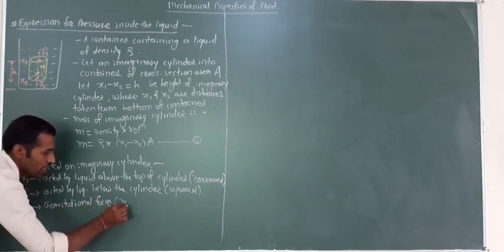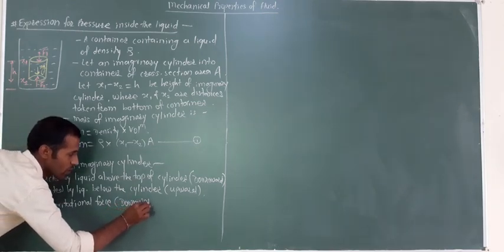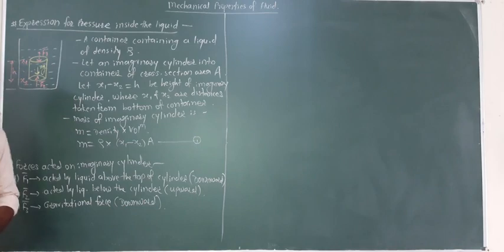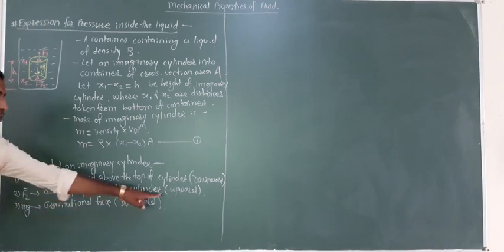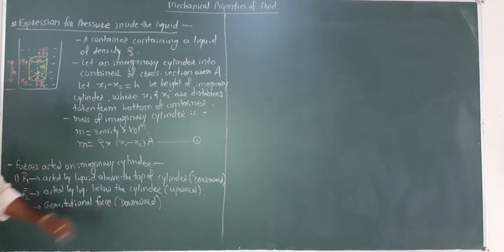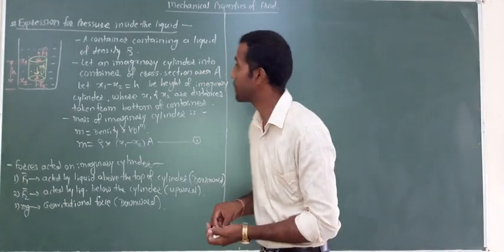Okay, these three forces act on the imaginary cylinder: F1 vertically downward, F2 vertically upward, and the gravitational force mg, which is also vertically downward.